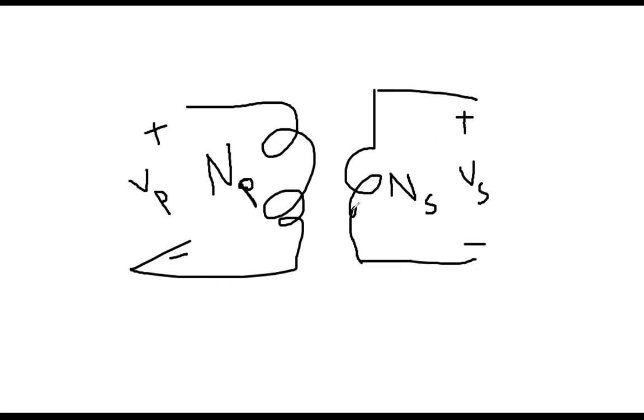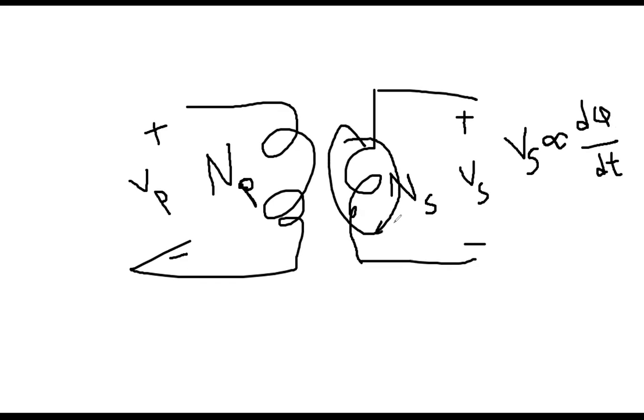So concentrate here. We were discussing how much voltage is developed on the secondary. According to Faraday's law of electromagnetic induction, Vs will be proportionate to d phi by dt. This means if you have a coil and there is flux, and that flux is changing, meaning it is time varying, then according to Faraday's law, the voltage will build up on the coil, proportionate to the rate of change of flux.